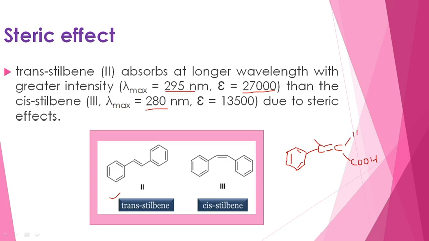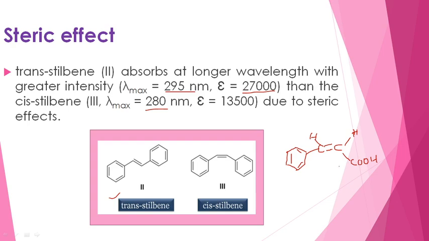Here I am writing the cis form of cinnamic acid. The cis form will give a lower lambda max than the trans form. The trans form of cinnamic acid will exhibit a higher lambda max because the bulkier groups are far apart from each other, as in trans stilbene.